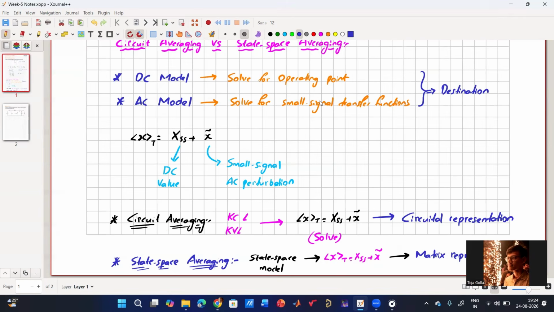Depending upon the application and the difficulty, which one to choose is the designer's choice. If my application demands only 1/20th of the switching frequency, why trouble myself? I'll go with the small signal model, and the customer requirement is met.